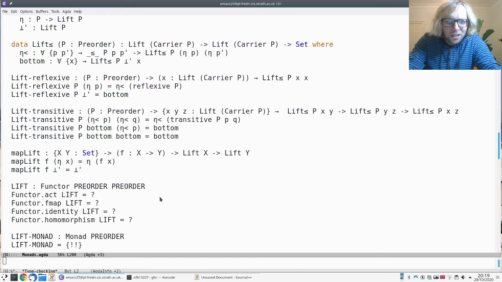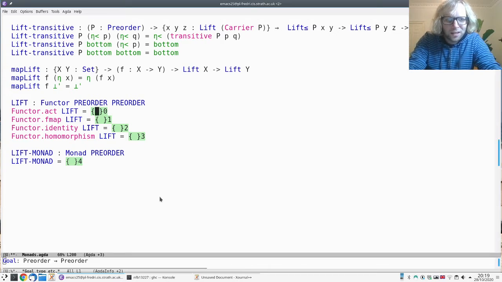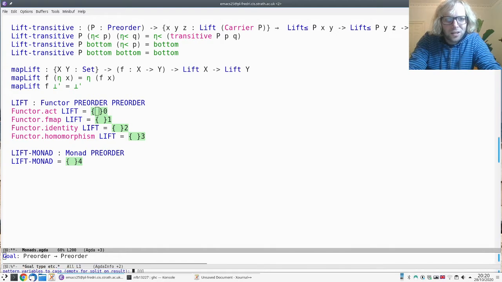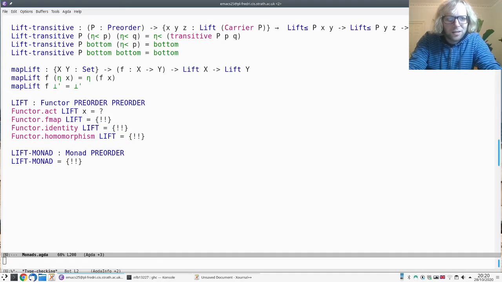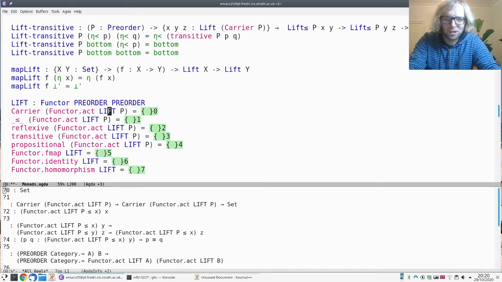Let's see. We need an action and objects. We get given a preorder P, and now we have to construct the preorders.